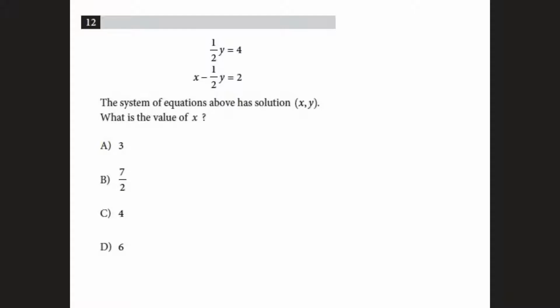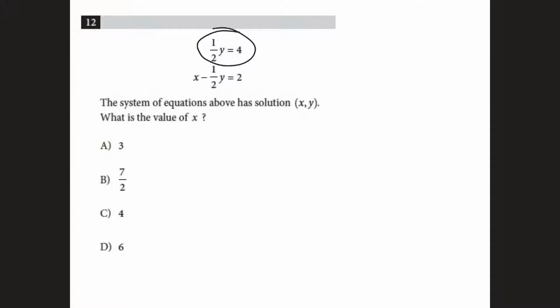Number 12. The system of equations above has solution (x, y). What is the value of x? All right. If we want to solve for x, it's most efficient to eliminate the y variable. Looks like we can use the first equation to figure out what y equals.